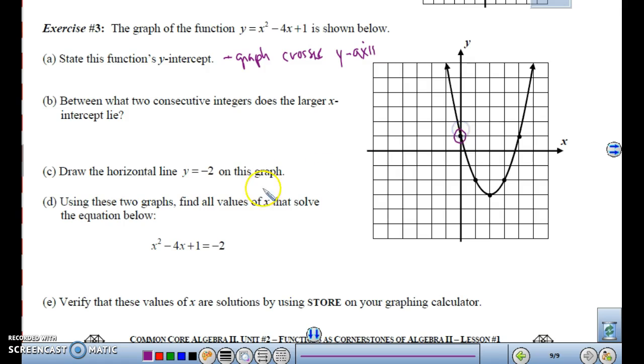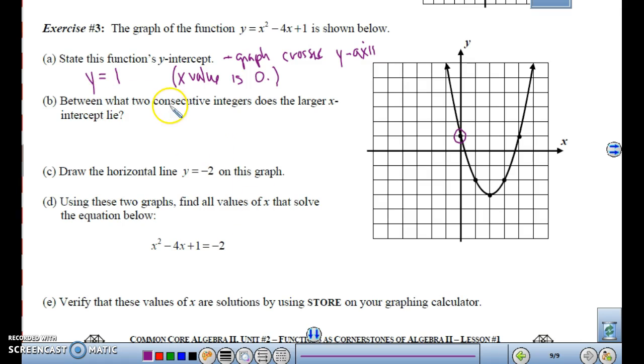Crosses it right there. The x value is 0, the y is equal to 1. So when x is 0, the y-intercept is at y equals 1.